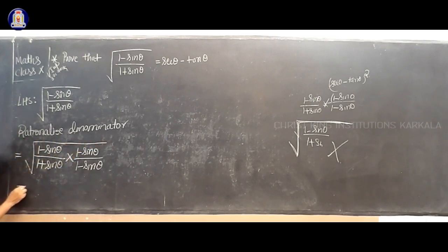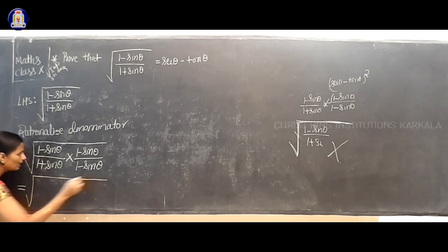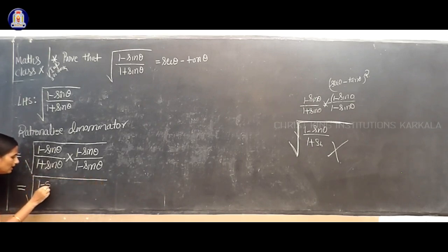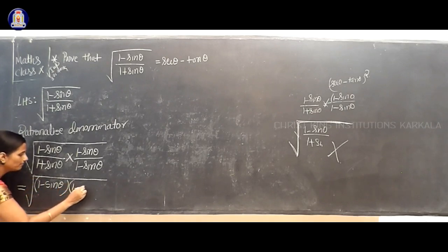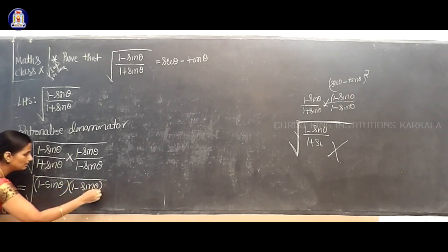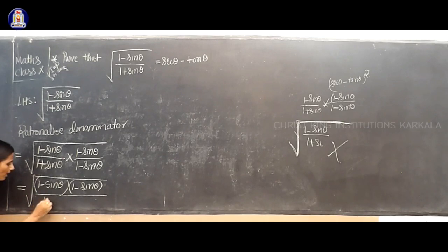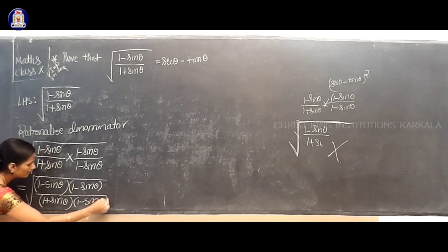So that is equal to, now how do we simplify that problem? Same method. Under the square root, 1 minus sin theta into 1 minus sin theta divided by 1 plus sin theta into 1 minus sin theta. Right?